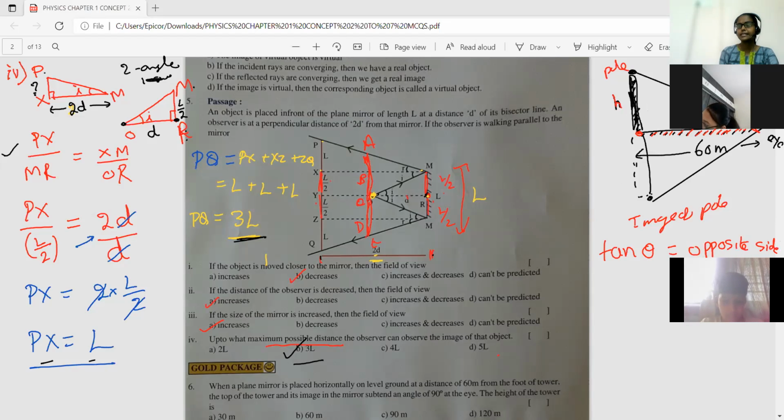Now in the figure, the total angle is theta, but I want to find only the height. So divide it: 90 by 2, how much will come, children? It is 45 degrees, right? Total angle is 90, but I want only this angle, 45 degrees, and the lower angle is also 45 degrees.